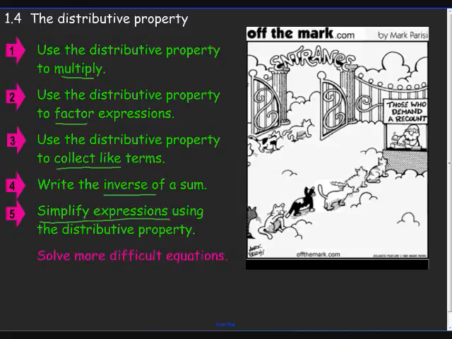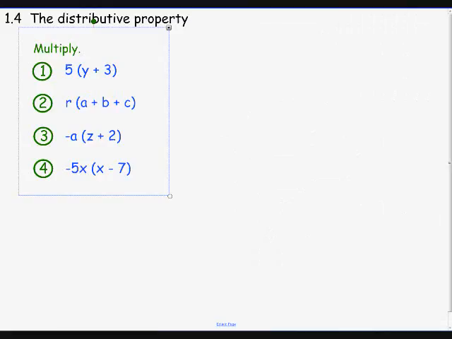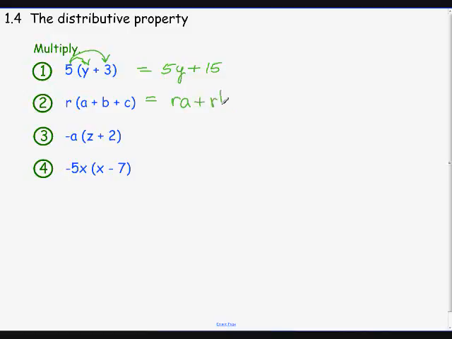All of those use the distributive property. So we're going to start with this one. 5y plus 15. Remember, whatever you have here distributes to every term within your parentheses. This becomes RA plus RB plus RC.